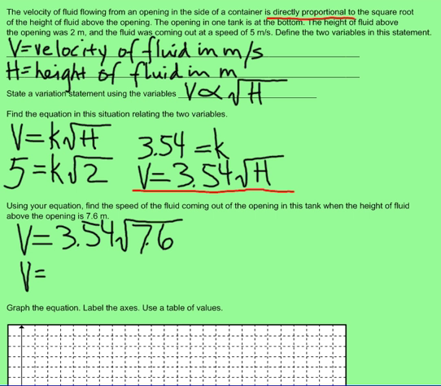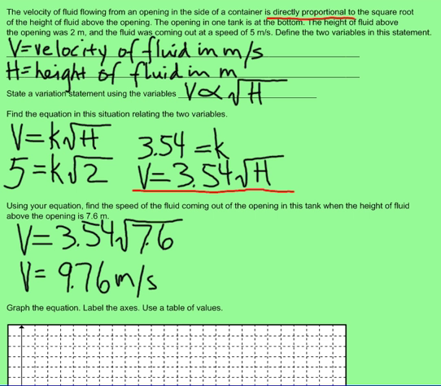On my calculator, 3.54 times square root 7.6. Again, I'm getting a big long decimal, and I'm going to round this off to 2 decimal places again. 9.759, so 9.76. And the velocity is in meters per second.